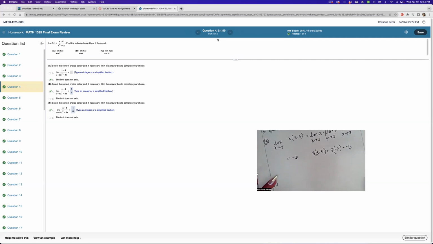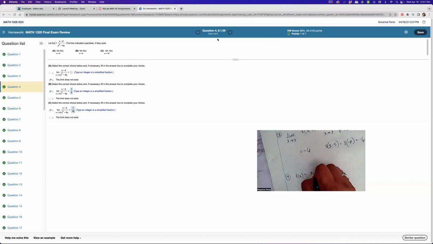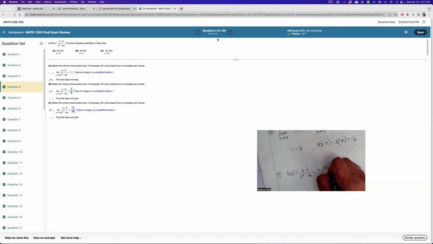Question 4. We are evaluating the function f of x equals x minus 4 divided by x squared minus 4x. So the first thing we want to do here is factor an x out from our denominator. So x minus 4 over x times x minus 4.